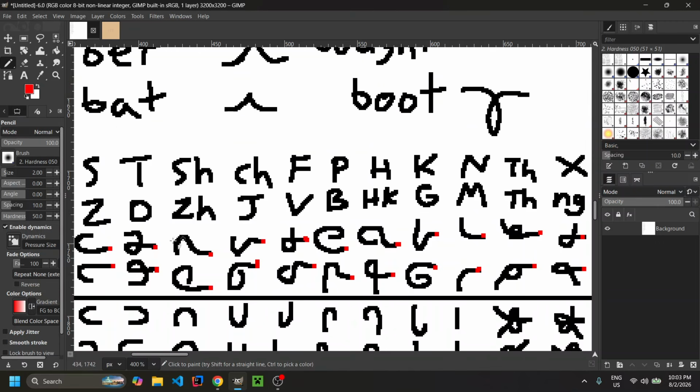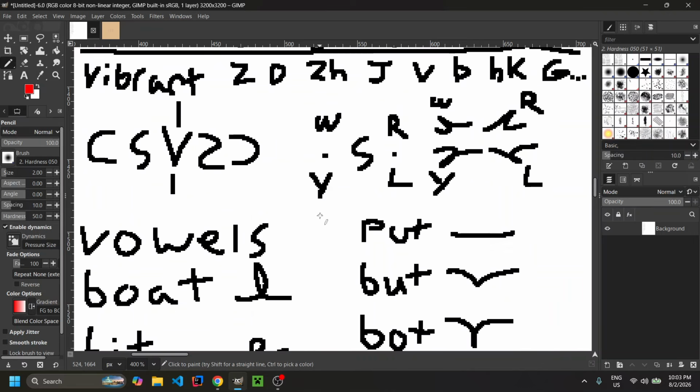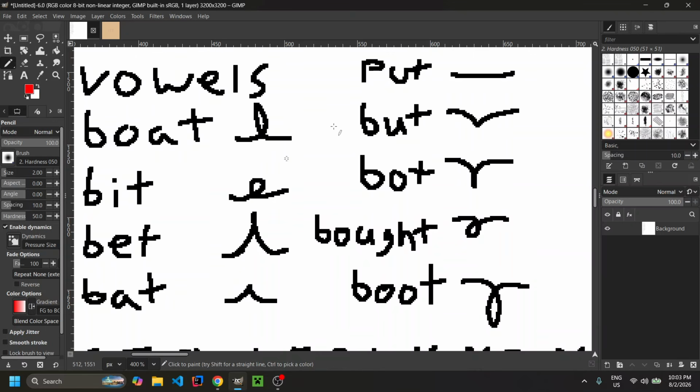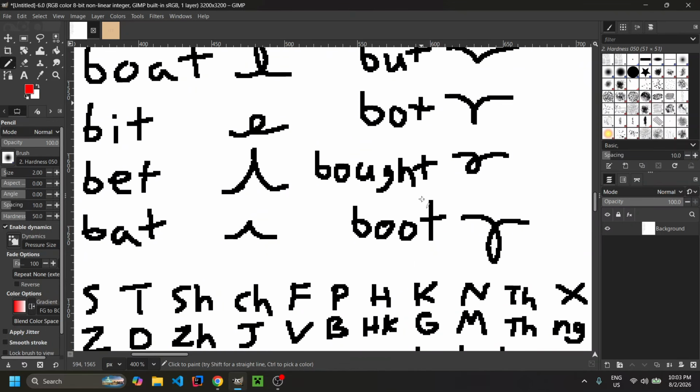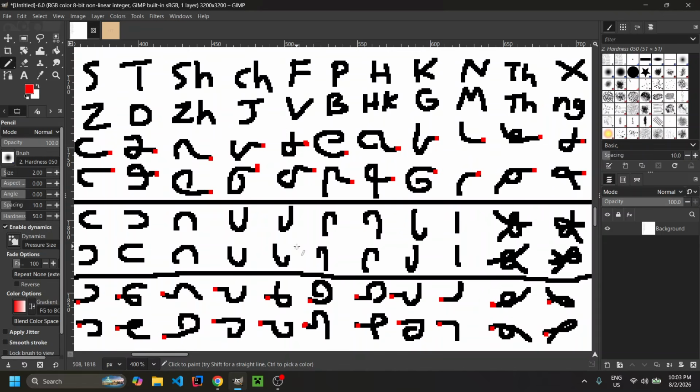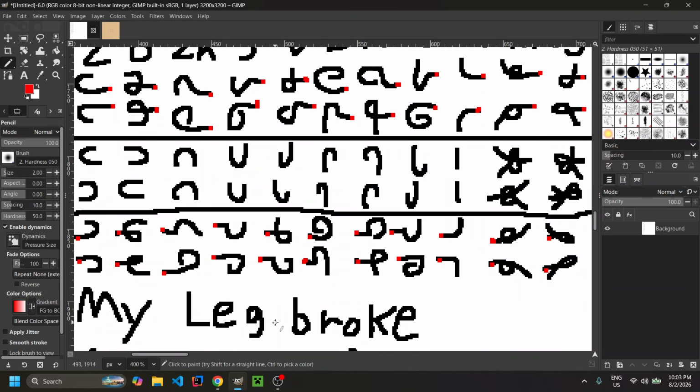So now we have all of the syllables, which can go into a sound if one is there, like brown. And then we can go into a vowel, go back to a sound if we need one, and then finish it off with an ending consonant. I have some example sentences of what these look like. So like my leg broke.